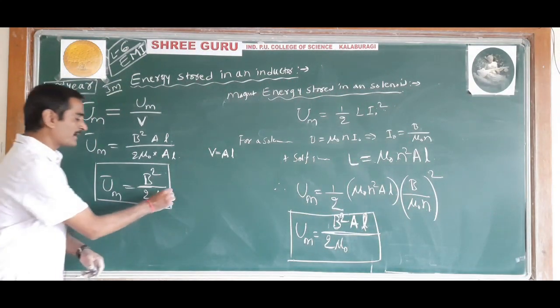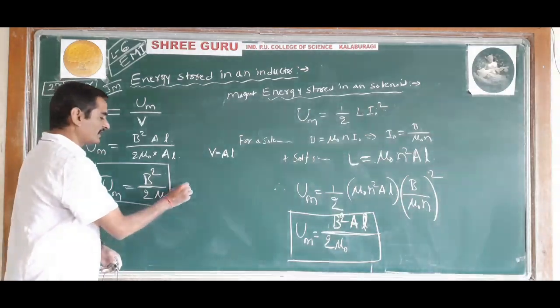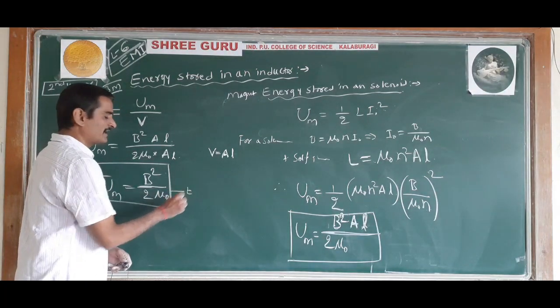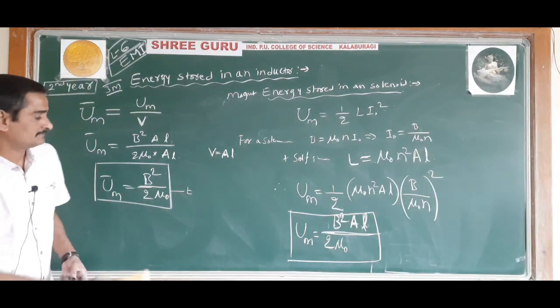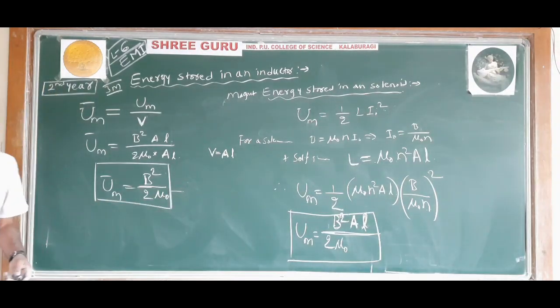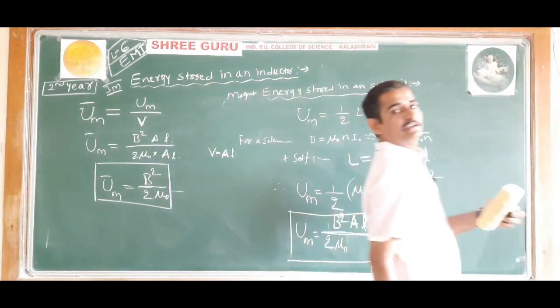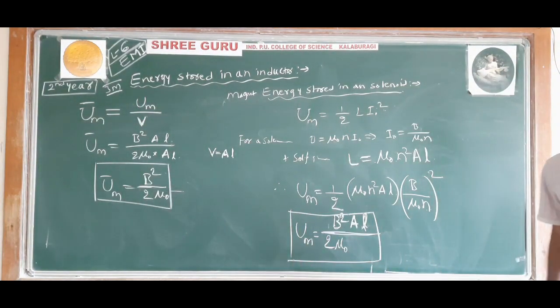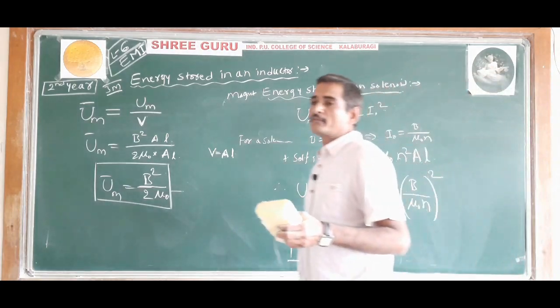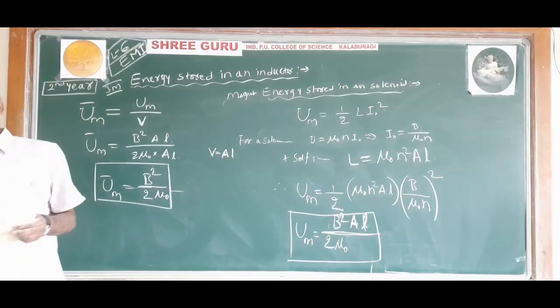Now let us compare this with the electrical energy stored per unit volume in a capacitor. We have done the derivation of the energy stored in a capacitor, and then after that the energy stored per unit volume.